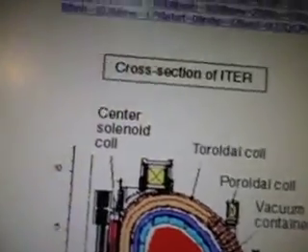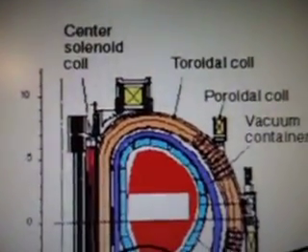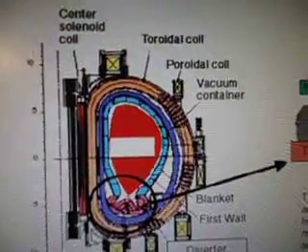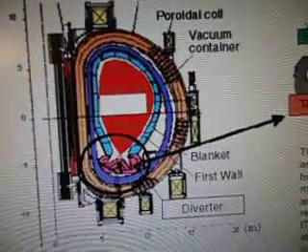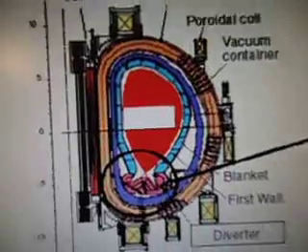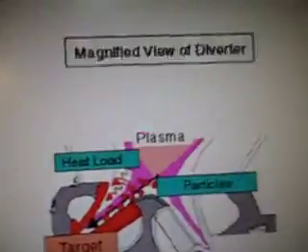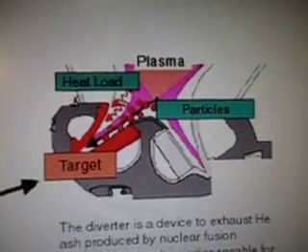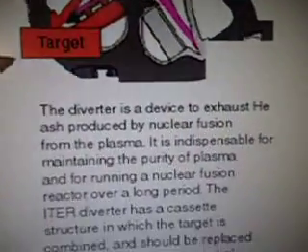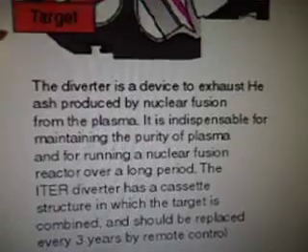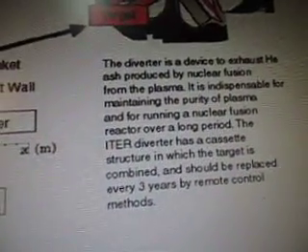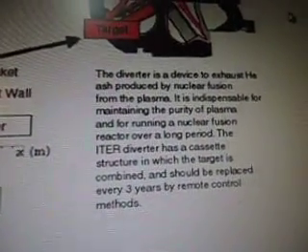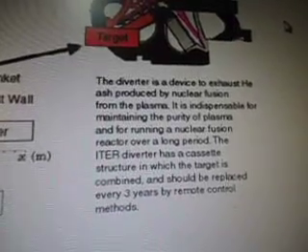Here's the cross section of the outer toroidal coil, vacuum container, blanket, first wall, diverter. Here's a magnifying view of a diverter. It gives you an idea. It's a device to exhaust He-ash, I think that might be helium, but I'm not sure.